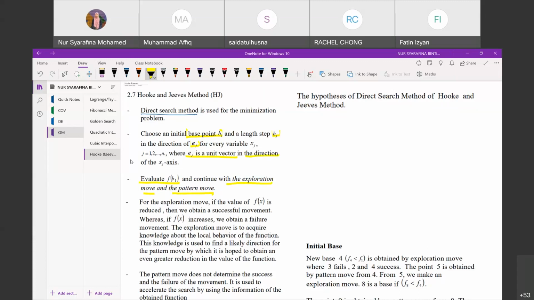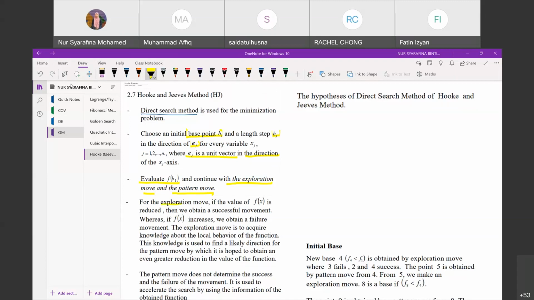We are going to explore the movement from the base point by using the step length of HJ. Is that clear? The idea here is that the movement is explored by a pattern. How can we explore? We start with our base point with a step length.